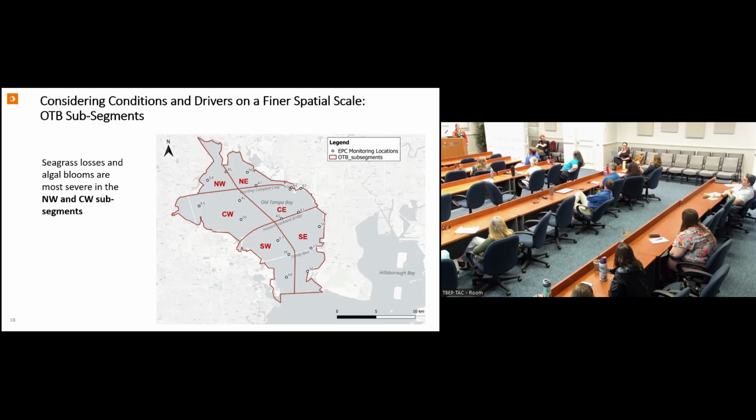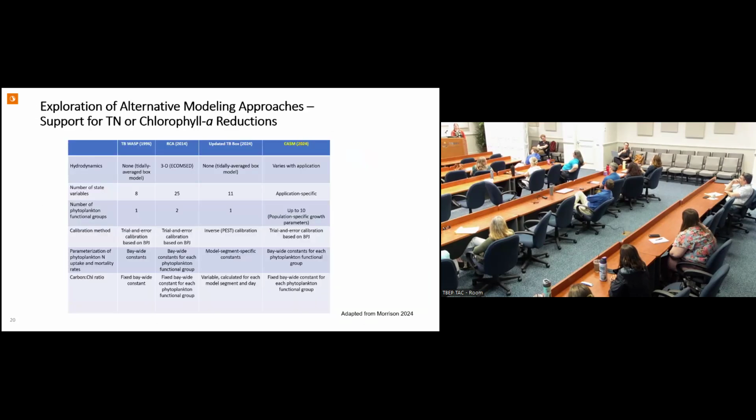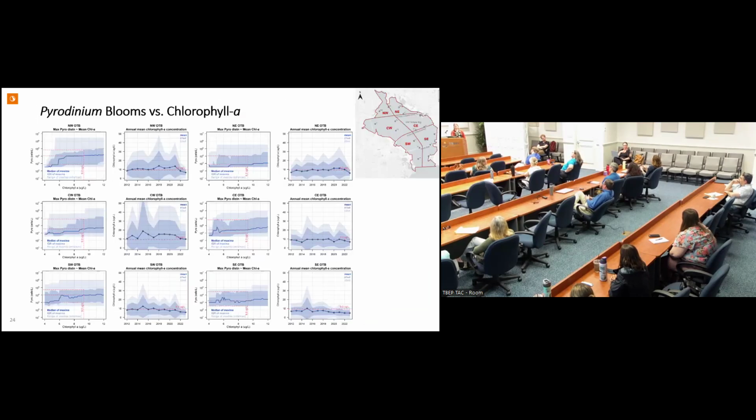And so when you see that kind of leveling off at those higher levels of pyridinium or higher levels of chlorophyll, I wonder if that's because of the mismatch between comparing the maximum and the mean, because we know when we look at the data directly that the extreme chlorophyll highs are related to extreme pyridinium highs.